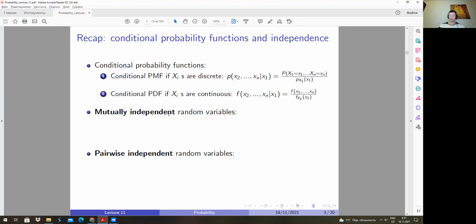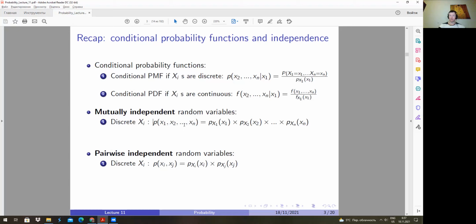Mutual independence means that for the discrete case, the joint probability mass function equals the product of marginal probabilities. So I just extended this definition of independence for 2 variables to the n variables.